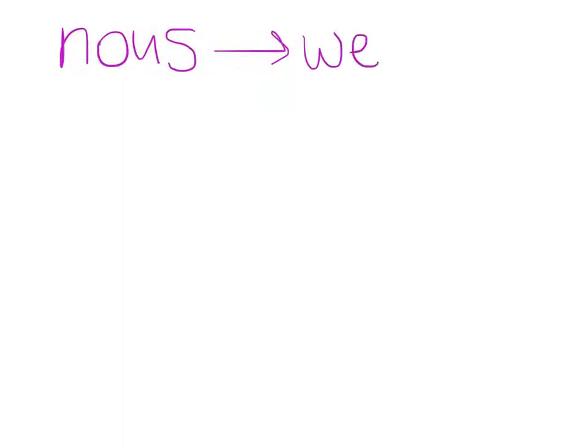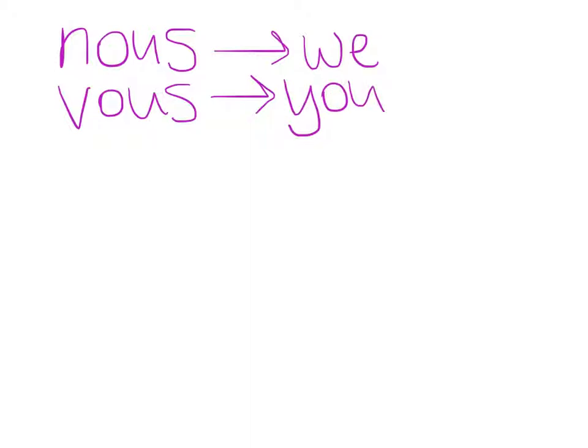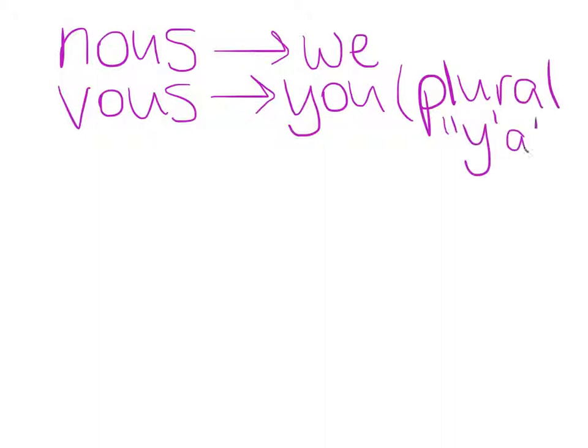So now on the plural side, our subject pronouns are nous, we, vous, you, and this can be either a plural you, plural like we would say in English, y'all, or it can also mean formal you.